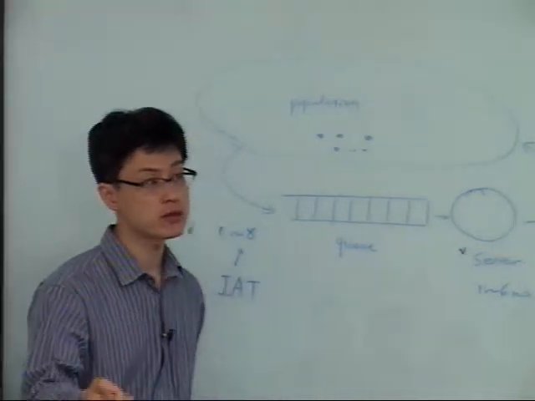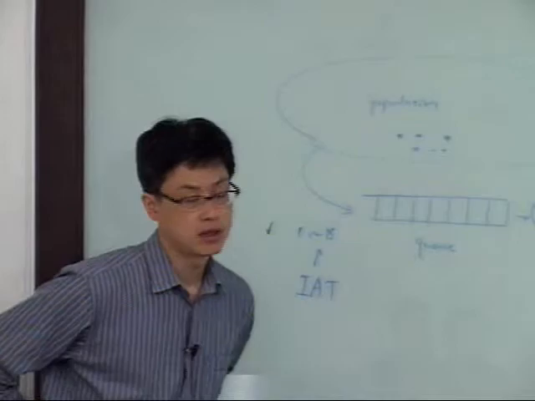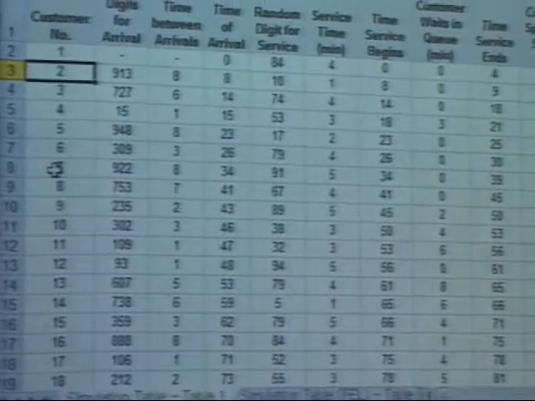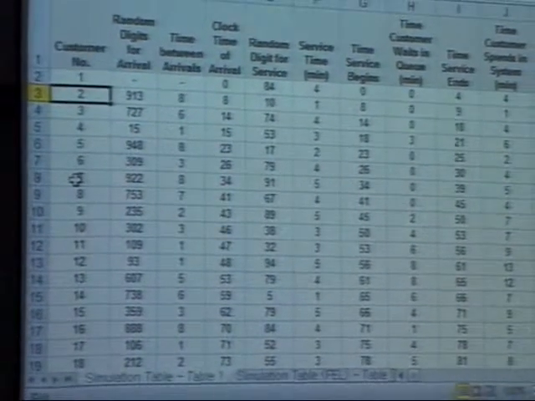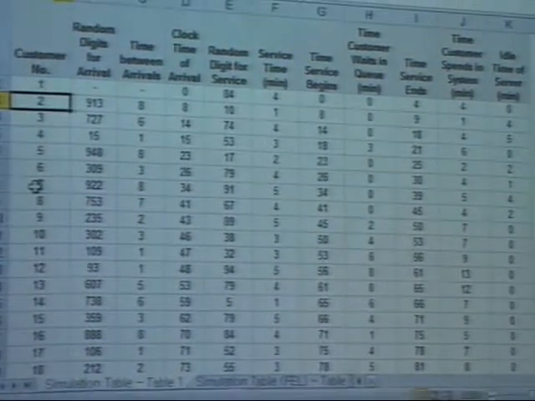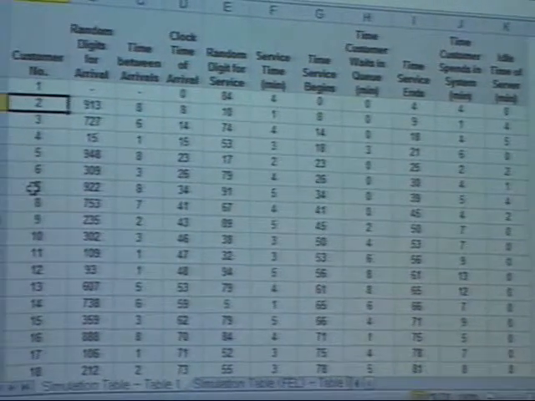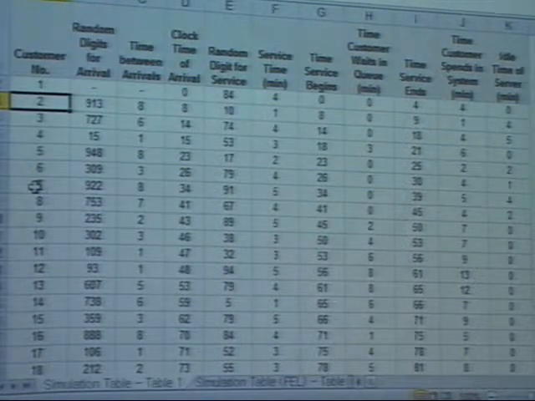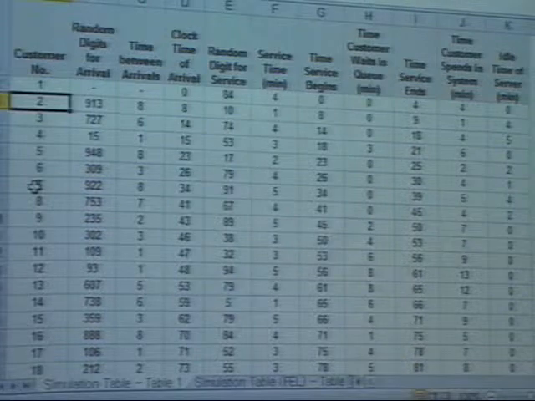Okay, if you look at this, customer number, we summarized everything by the customer's arrival and departure, right? This row, arrival and departure, is kind of mimicking discrete events.